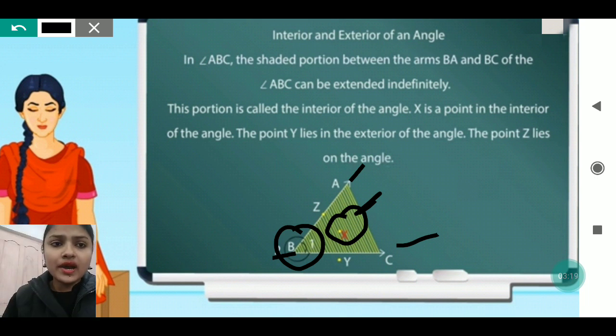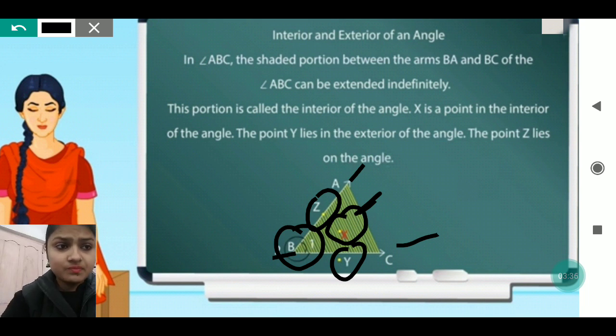The point Y lies in the exterior of the angle. You can see that the points Y and Z are both lying outside the angle. The point Z lies on the angle.